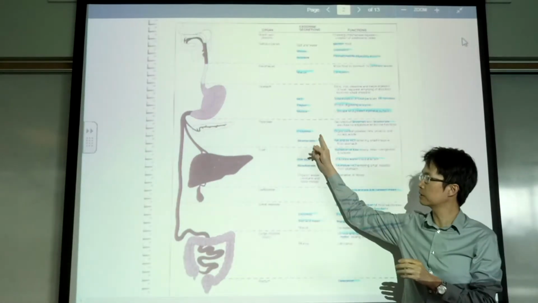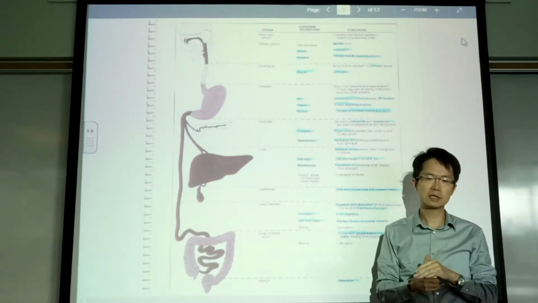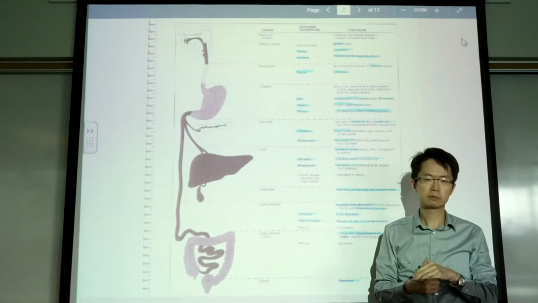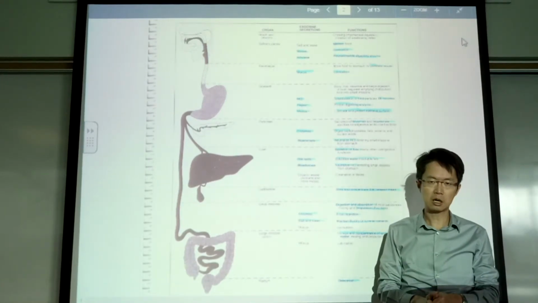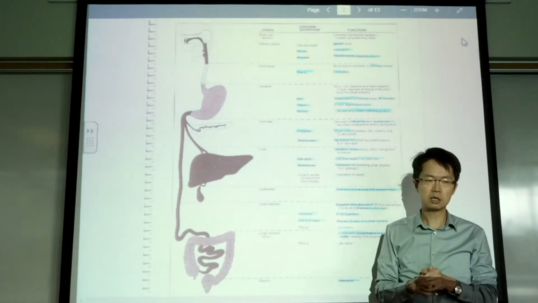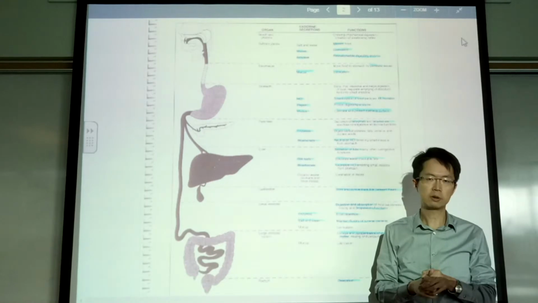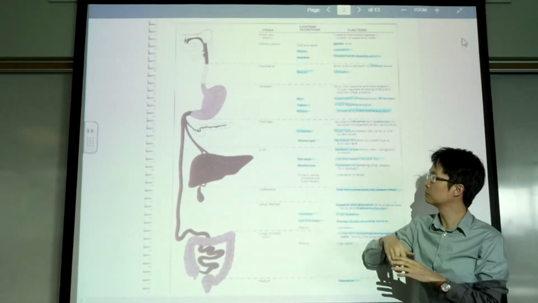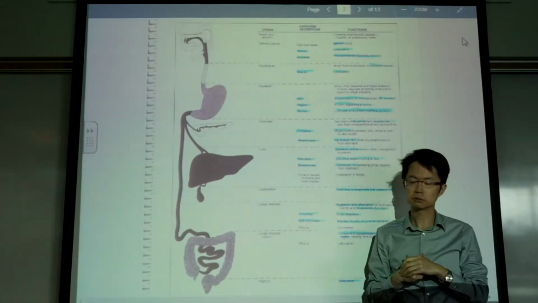But now the pancreas acts like an exocrine organ that secretes digestive enzyme through the GI tract. Also, it secretes bicarbonate ion. Bicarbonate ion is for neutralizing the acidity of the food coming out from the stomach. We will also study how the pancreas produces bicarbonate ion.